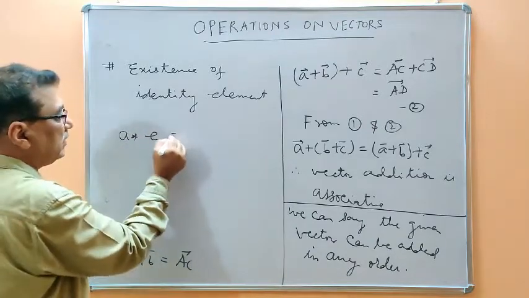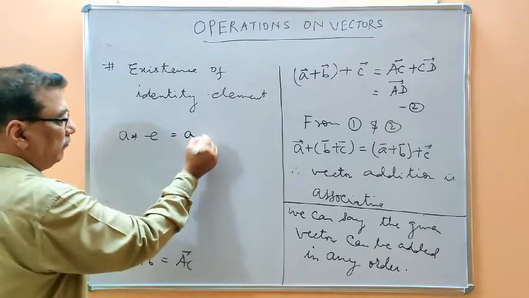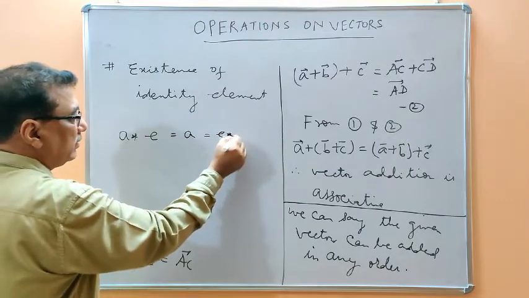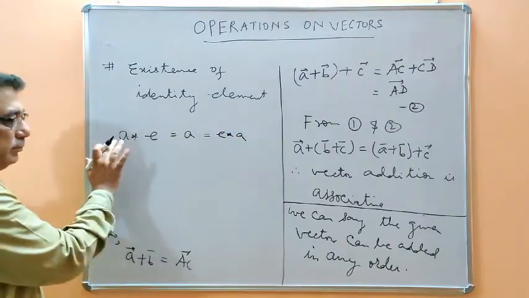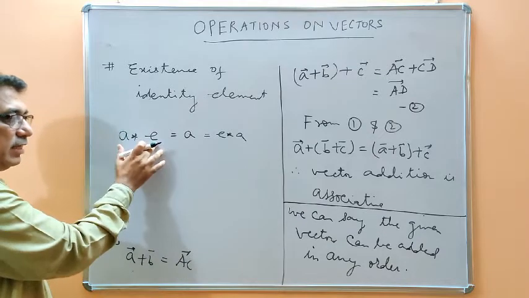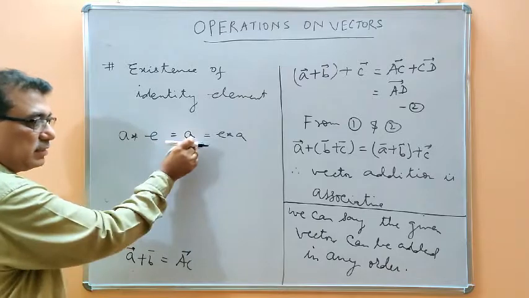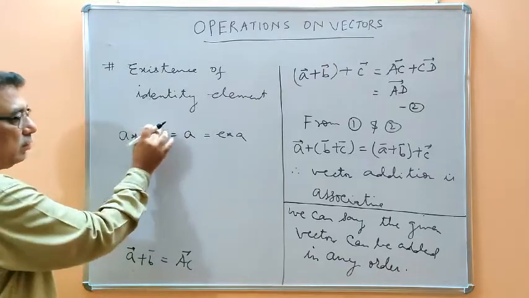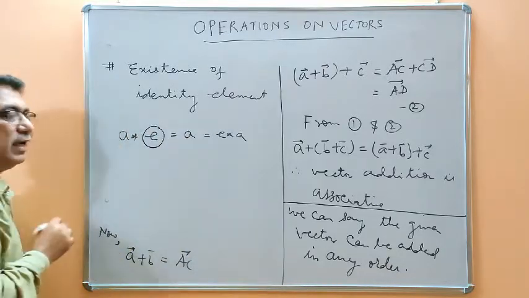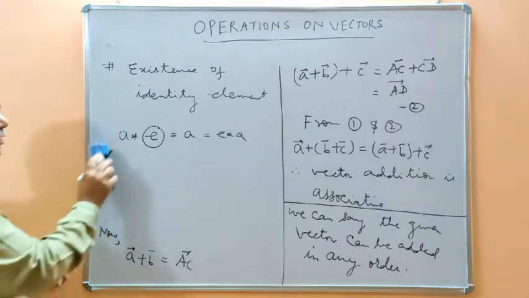If this result gives you A, whether you operate the element with the identity or the identity with the element, the result is A. So we call E the identity element. This is the definition. Okay.